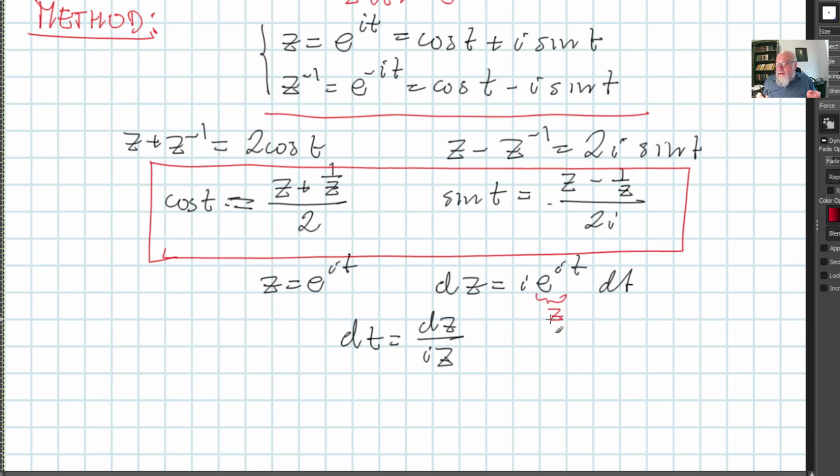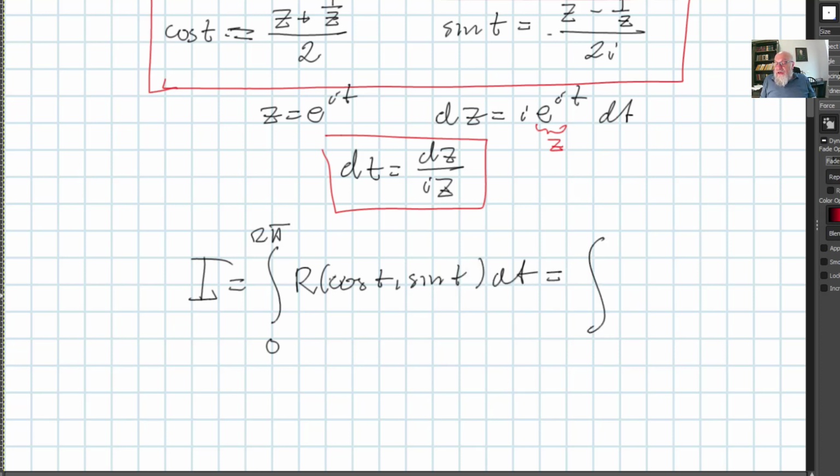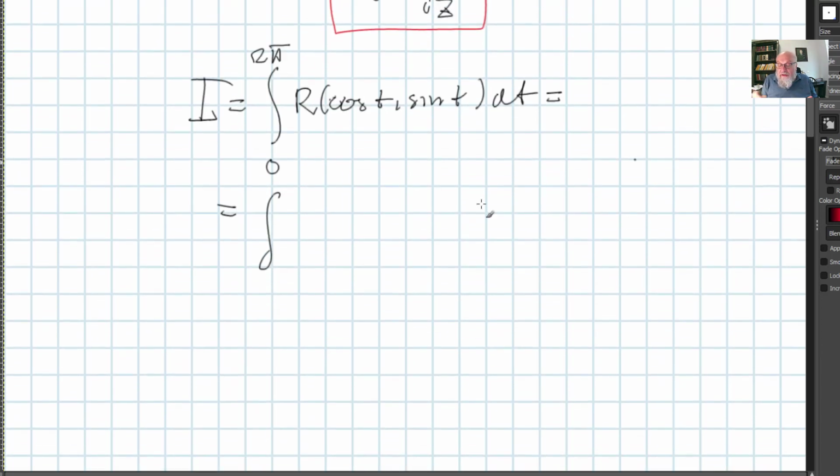In such a case, we obtain that this integral I, which is from 0 to 2 pi of the function r of cosine t, sine t, dt, is nothing else than a complex integral on the unit circle of this function r, where cosine t is replaced by z plus 1 over z divided by 2, sine t by z minus 1 over z divided by 2i, and that is multiplied by dz divided by iz.